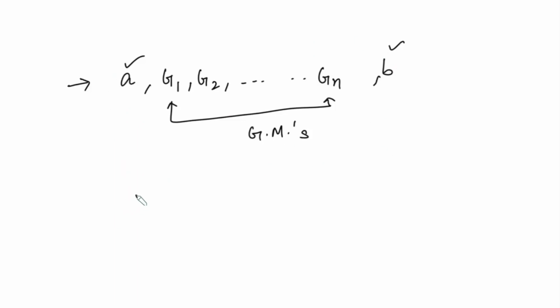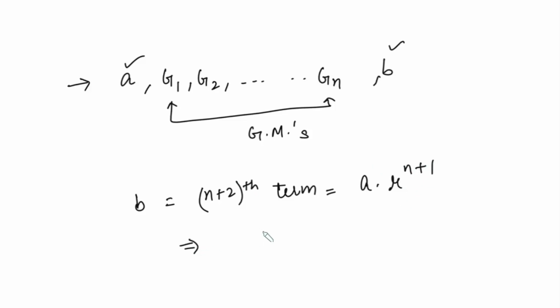So we can say that B is the n plus 2 term. And the formula for the n plus 2 term will be A times r to the power n plus 2 minus 1, which gives us n plus 1.